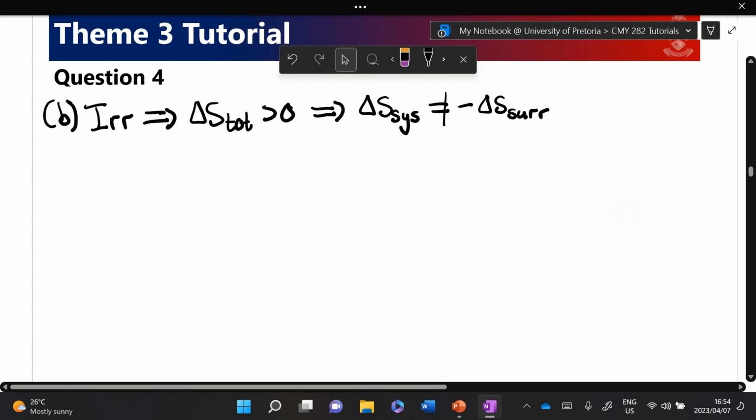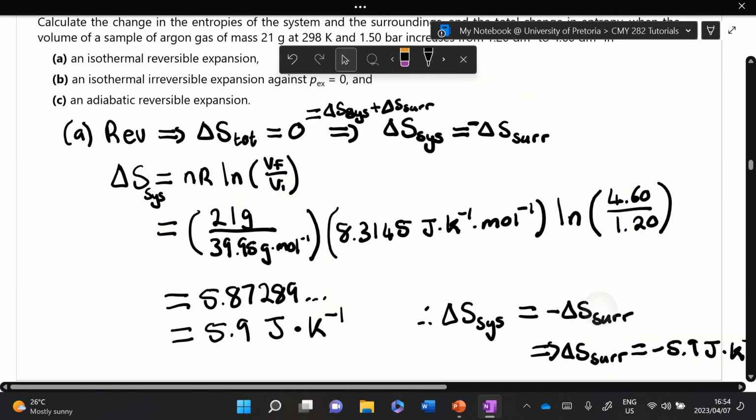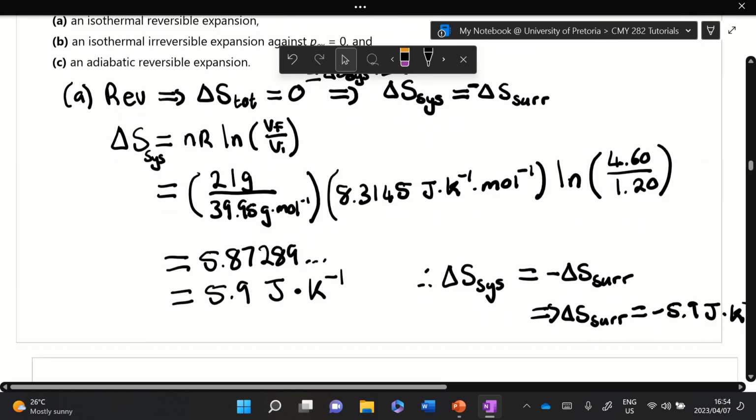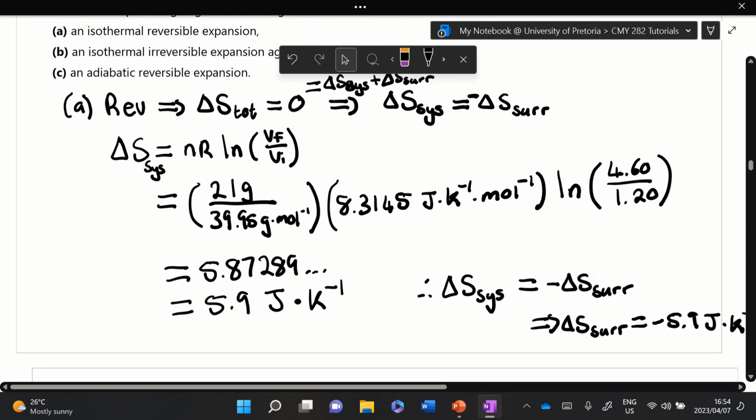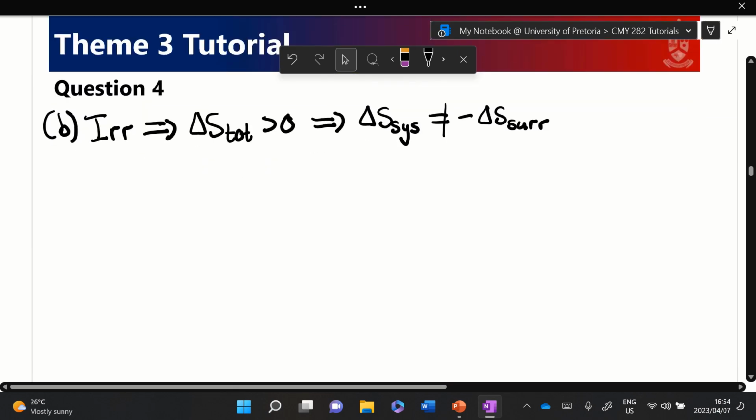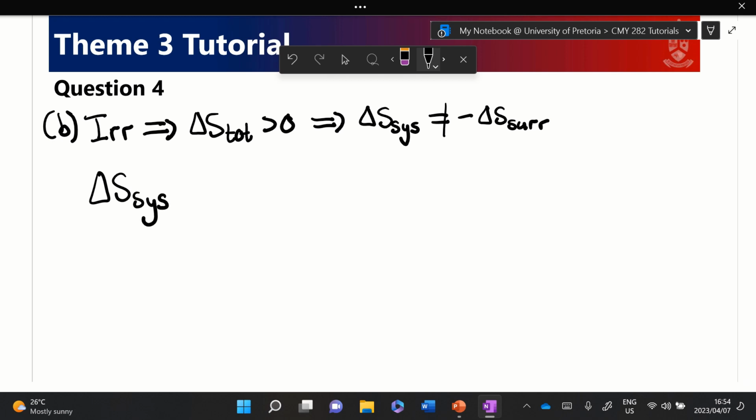But something that is useful is the fact that it's still an isothermal process, and our entropy change of our system is a state function, right? So in other words, it will not change the way it is calculated. So it will still be 5.9 joule per Kelvin.